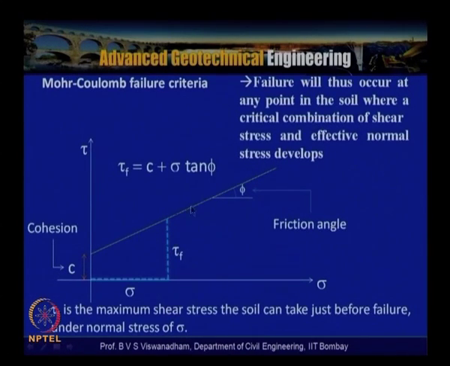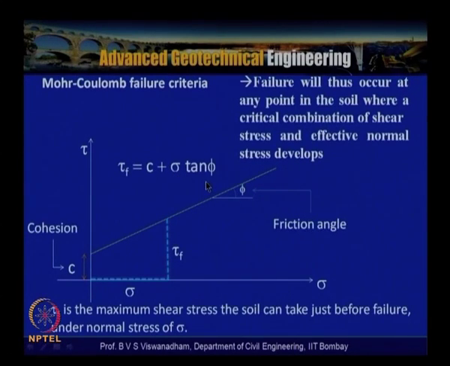In the tau versus sigma plot here, you have to have a combination of sigma and tau f such that the stress at failure tau f is equal to C plus sigma tan phi. If this is the failure shear stress, then it will be tau ff equal to C plus sigma ff tan phi.